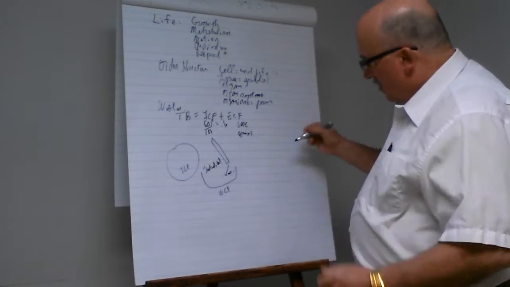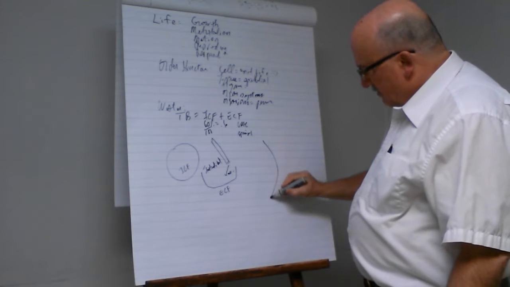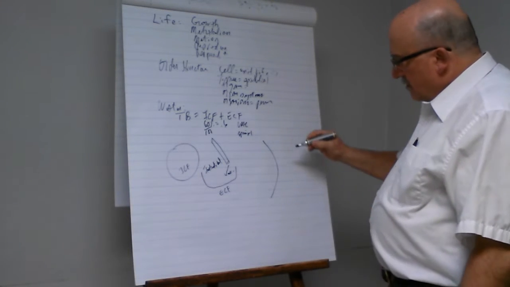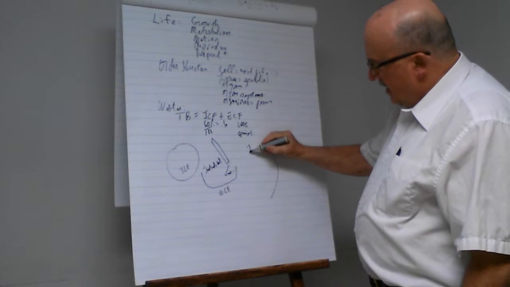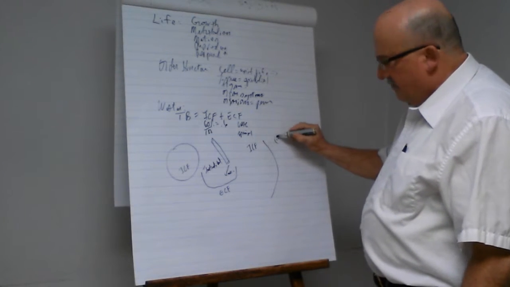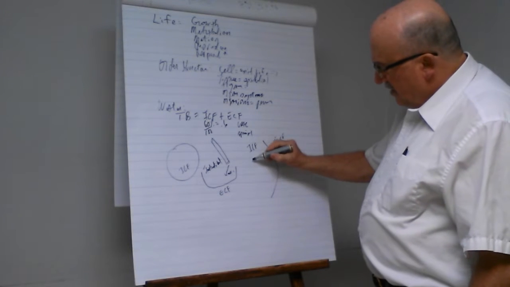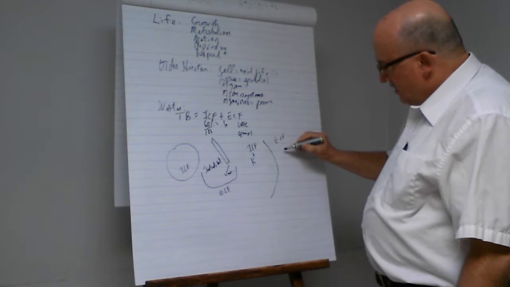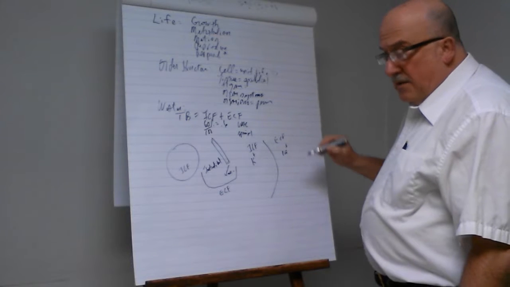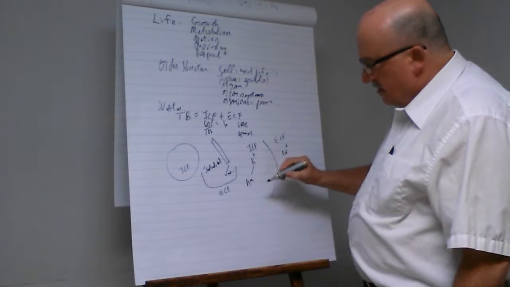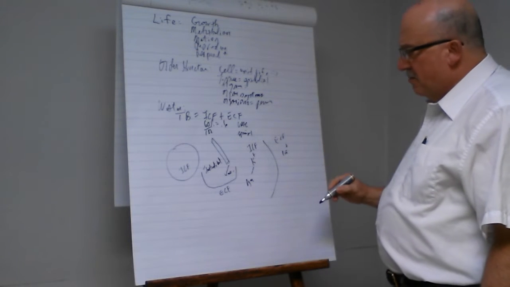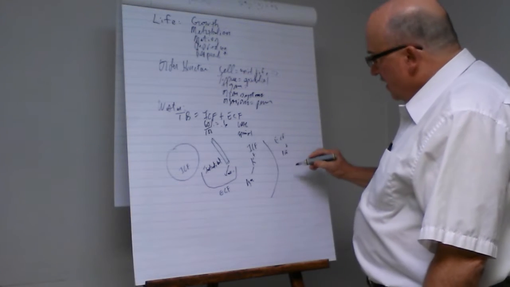So let's talk a little bit more about sodium and potassium. This is the cell membrane. Inside the cell, this is the ICF, and this is the ECF. Inside you have potassium, outside you have sodium. The potassium atom is much larger than the sodium, and you can find that out by looking at the periodic table.